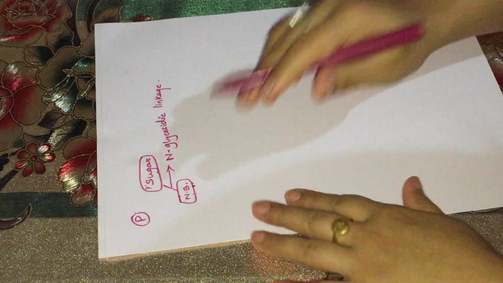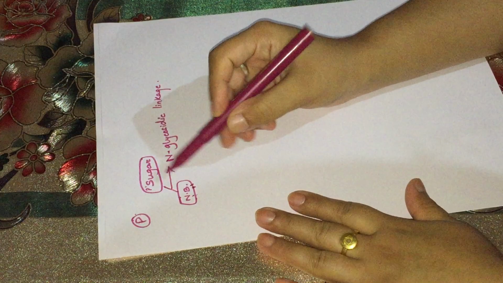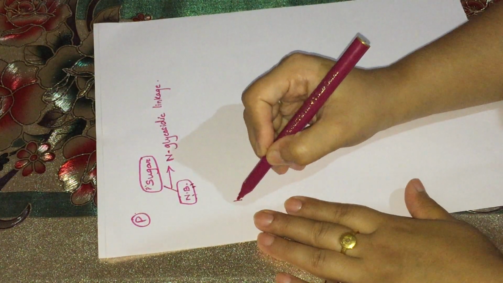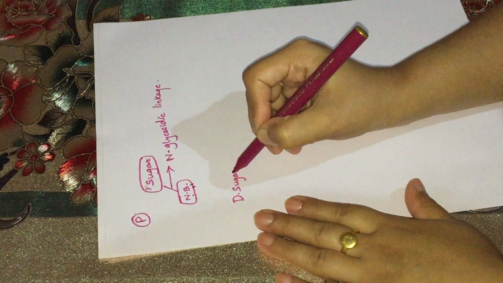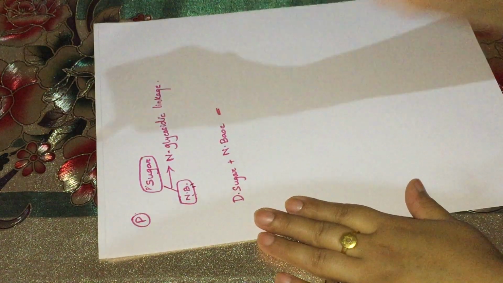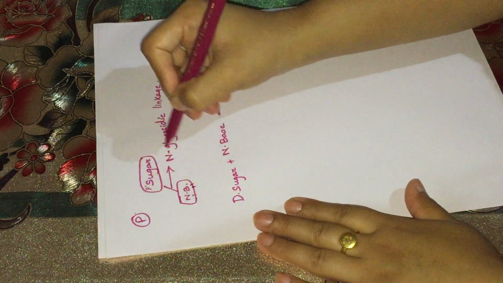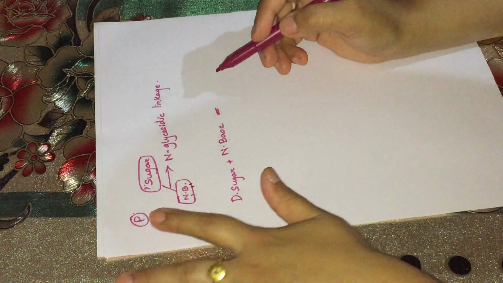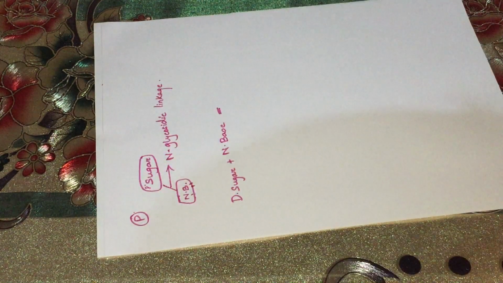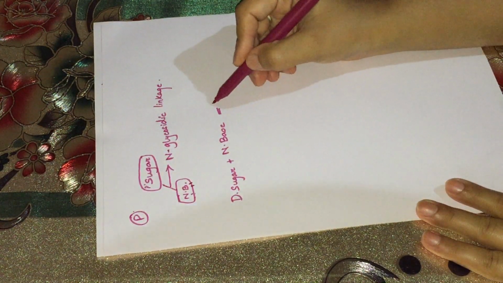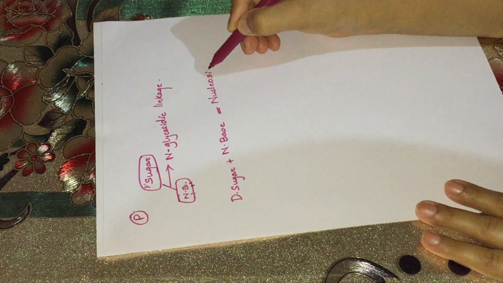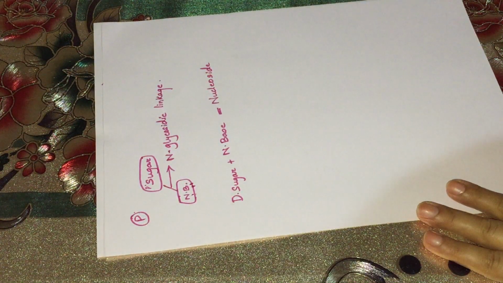Now when the nitrogenous base gets linked with deoxyribose sugar, this structure, deoxyribose sugar plus nitrogenous base, when the phosphate group is not linked yet but only these two are linked first, is called a nucleoside.